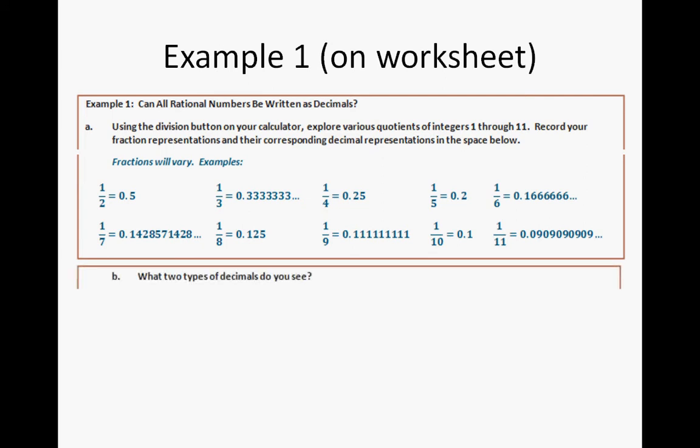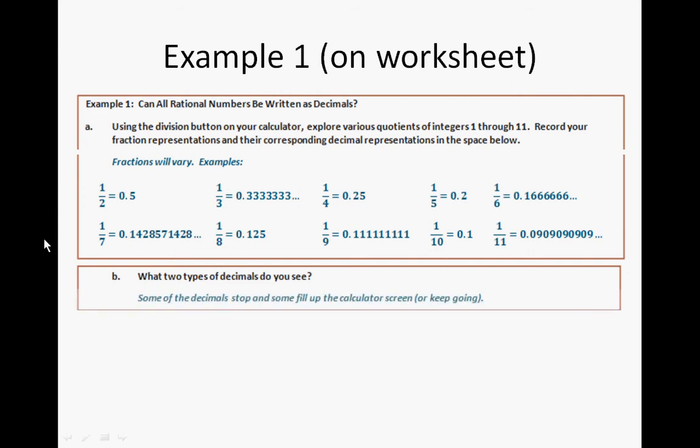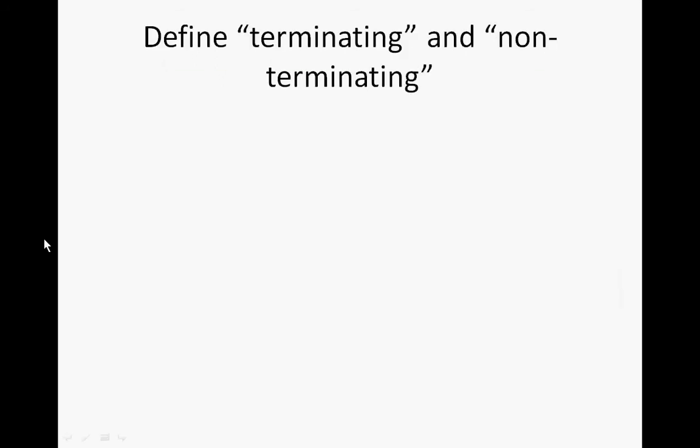So what two types of decimals do you see? Comparing these up here, what types of decimals do you see happening? Well, some of the decimals stop and some of them fill up the calculator screen, or they keep on going. So let's just revisit the definition of terminating and non-terminating. You don't necessarily have to write this down unless you have forgotten what they are.